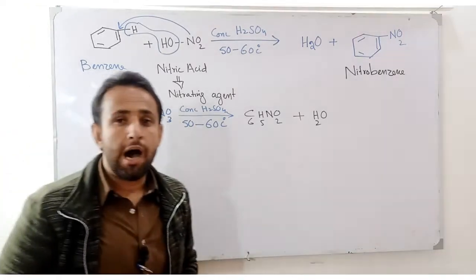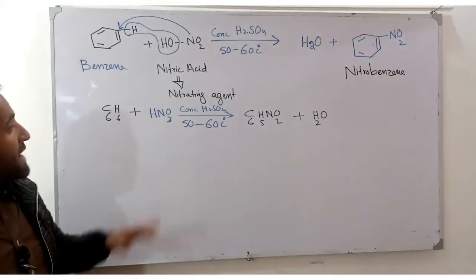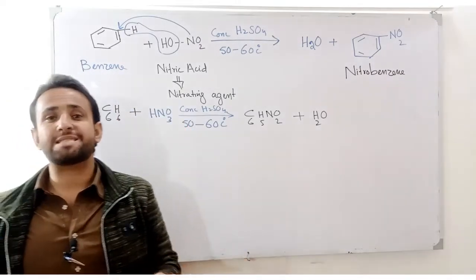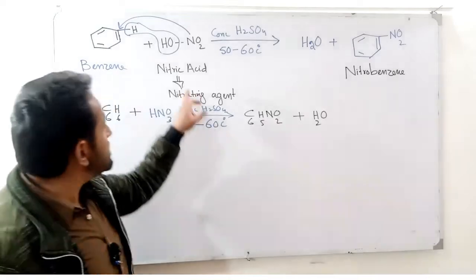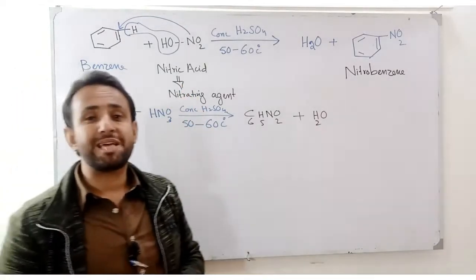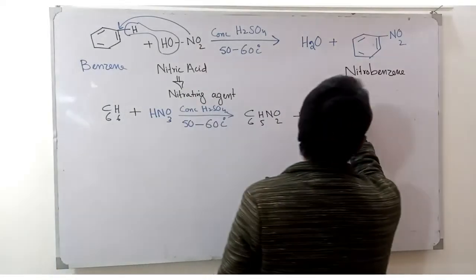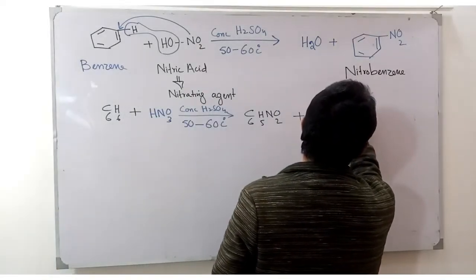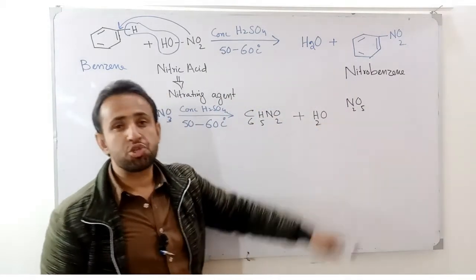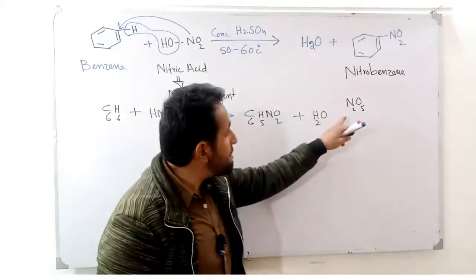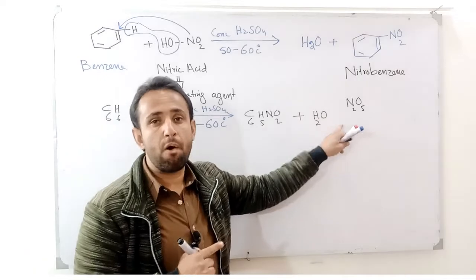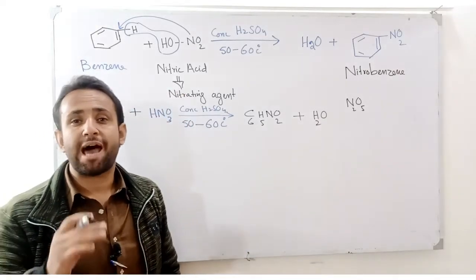So you have to remember that there are some more nitrating agents which we can use in the case of nitration. Instead of nitric acid, we can also use some other nitrating agents. For example, this is also a nitrating agent, N2O5. This is dinitrogen pentaoxide. This compound is also a nitrating agent because with the help of this compound we can also obtain a nitro group.